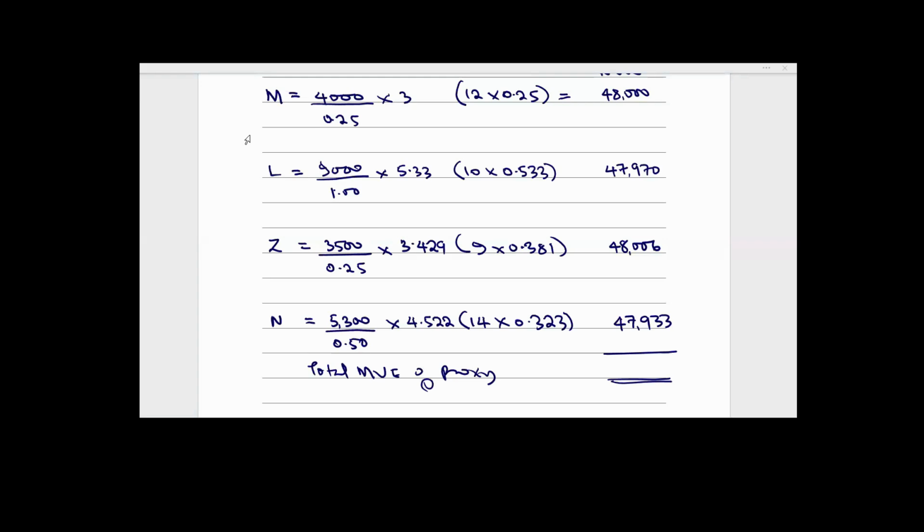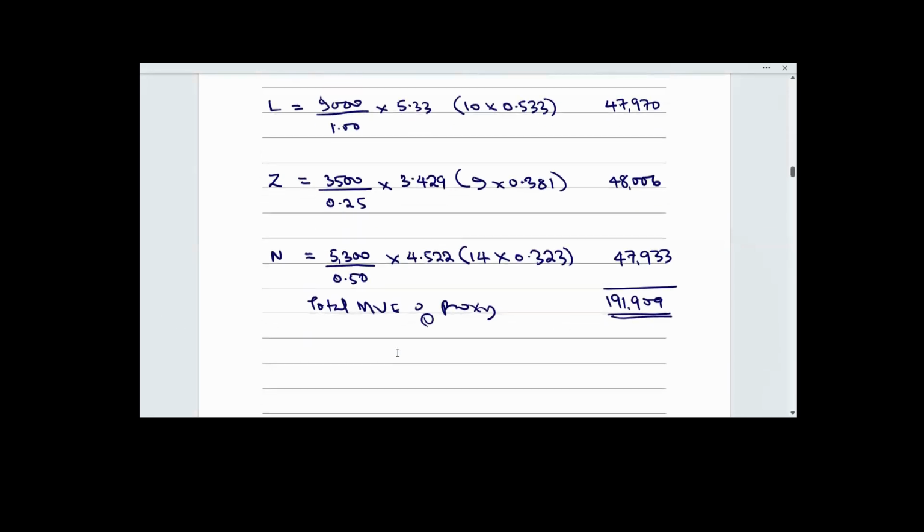Are we still together? 189,909. Do it again. 191,909. Okay. So that's the total market value of equity of the proxy company.